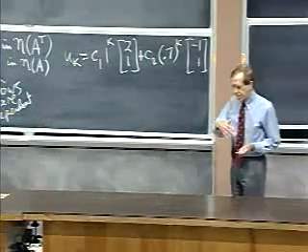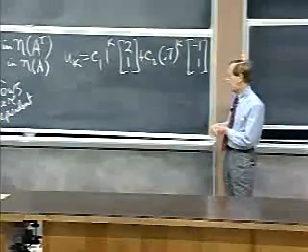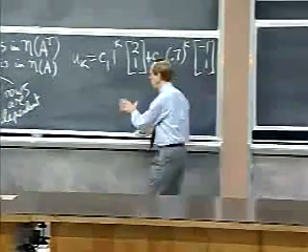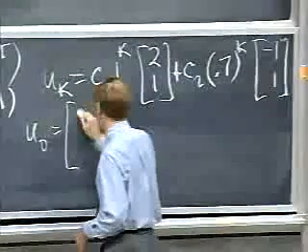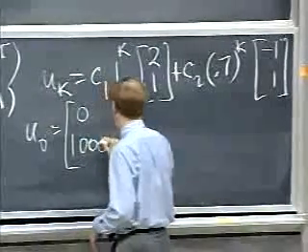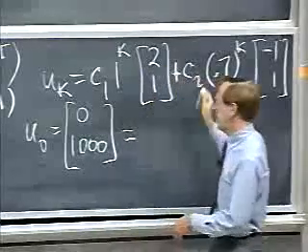When I apply those powers to U0, which was 0, 1,000, that has to be correct at k equals 0.